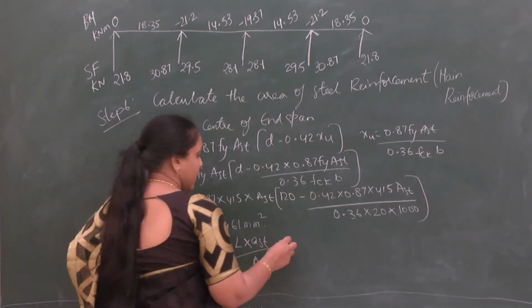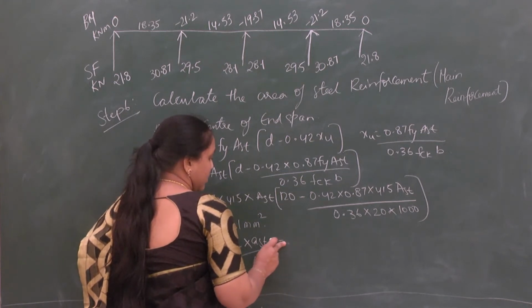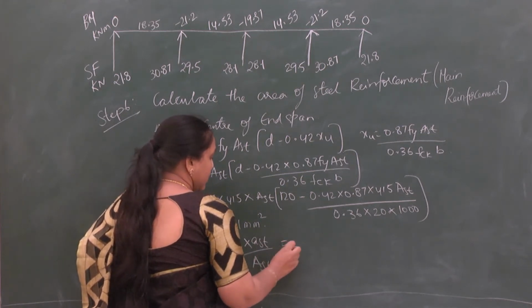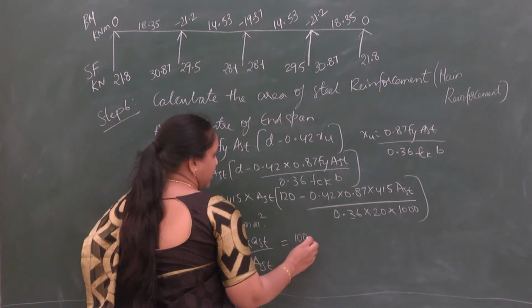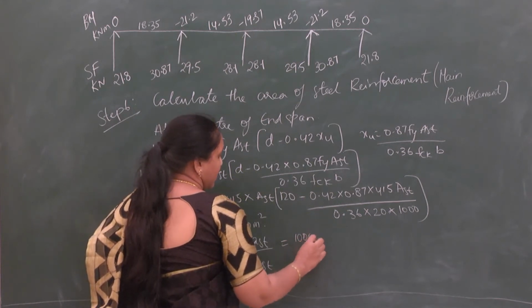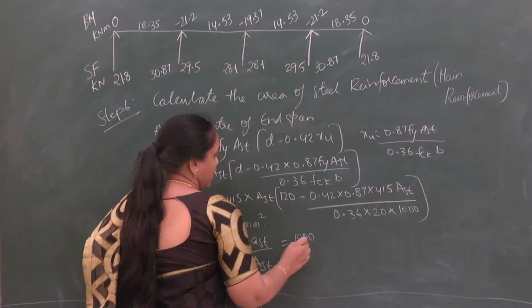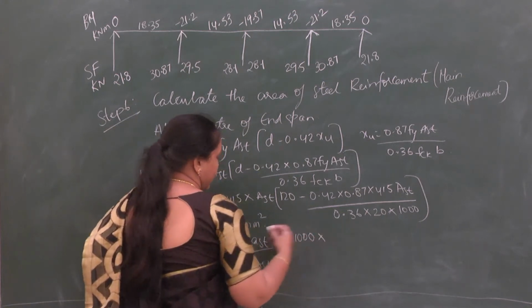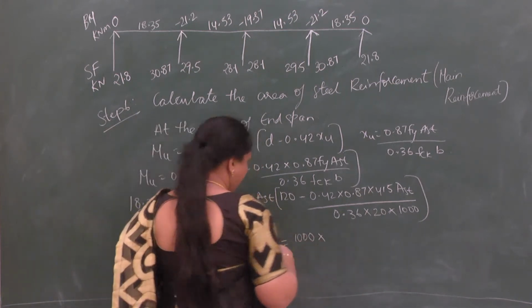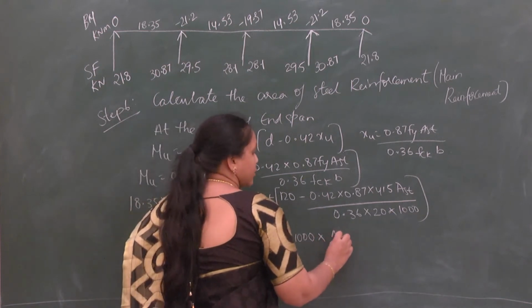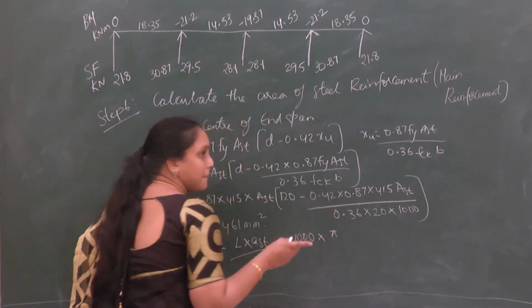L here is nothing but the length that is considered for one meter, that is 1000, into area small AST.